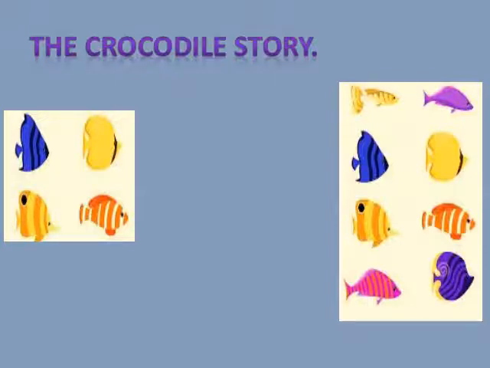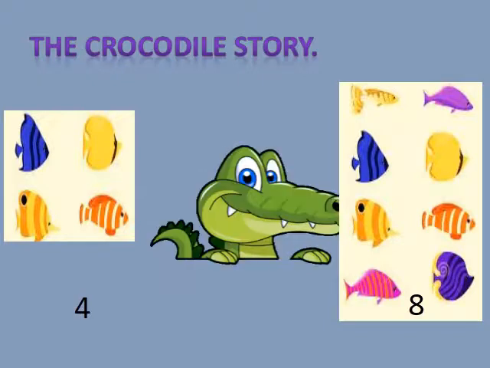So here you can see the crocodile is looking to both the sides and it found out that to the left hand side there are 4 fishes, whereas to the right there are 8 fishes.